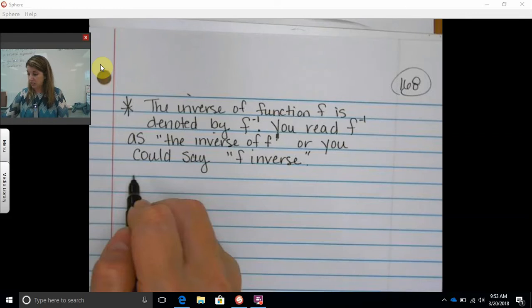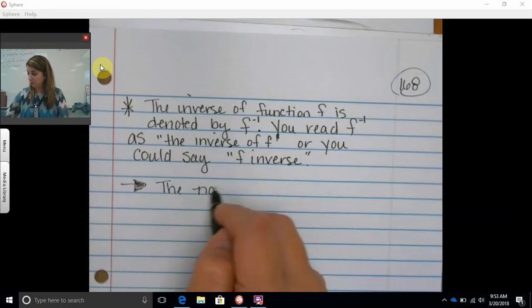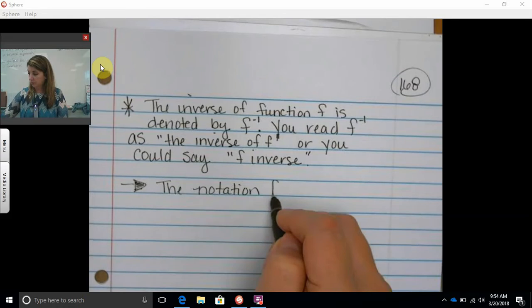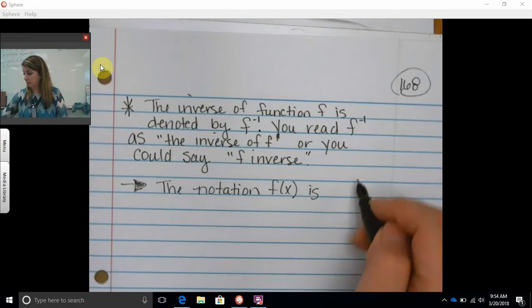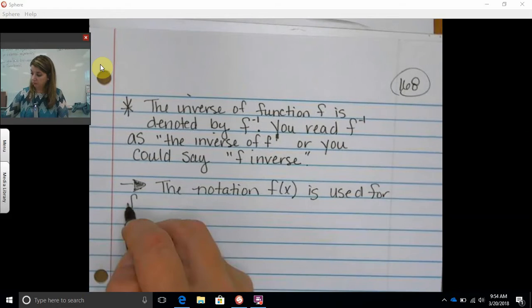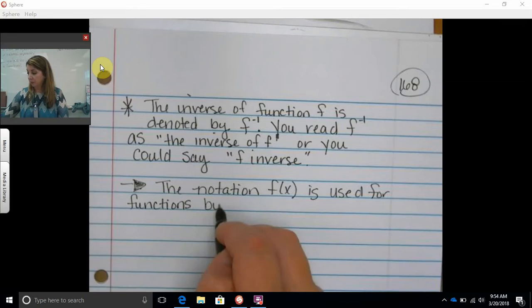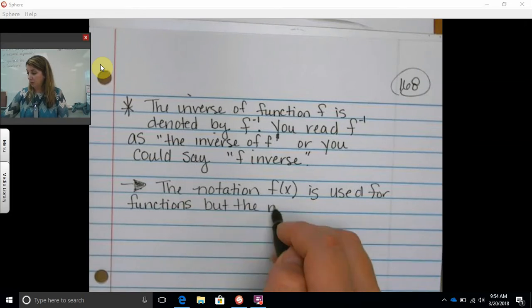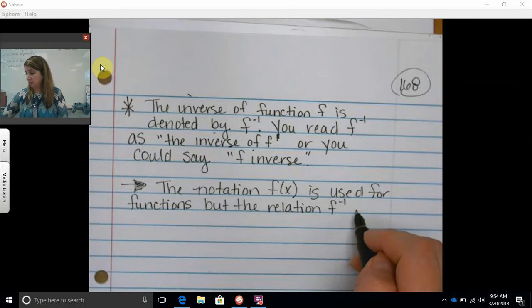And then I made another little important statement. The notation f of x is used for functions, but the relation inverse of f may not be a function, which we saw.